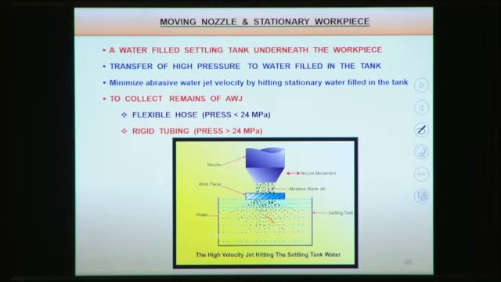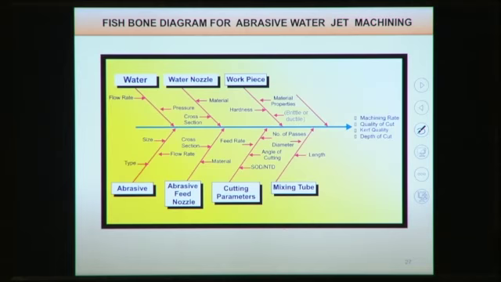And when your pressure is greater than 24 megapascal, rigid tubing is used to connect the nozzle with the high velocity pressure jet.